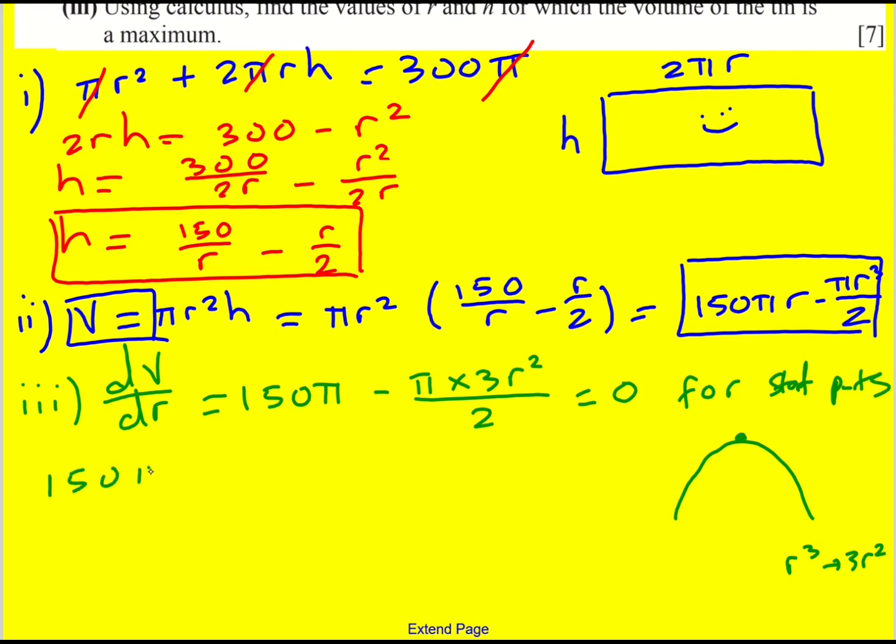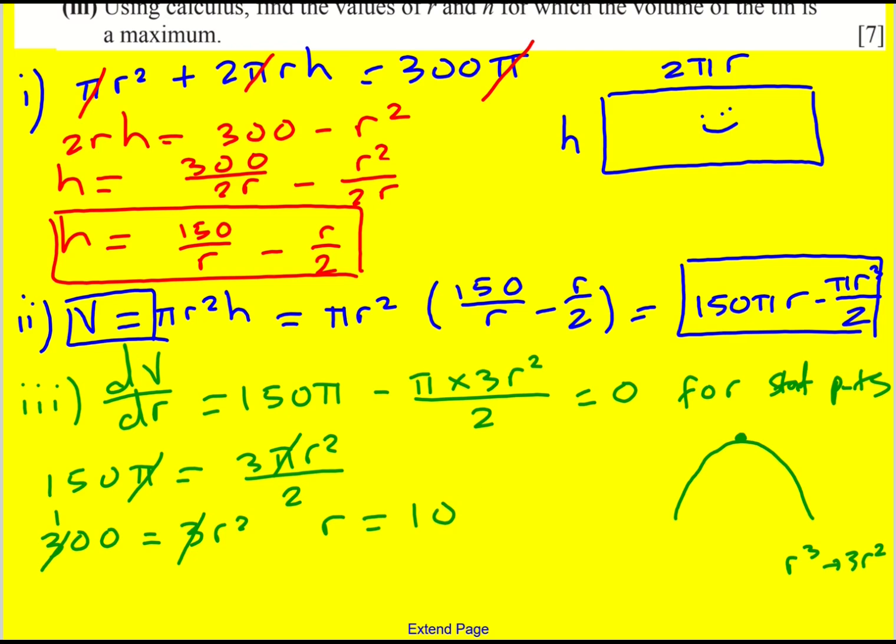So 150 pi will equal 3 pi r squared over 2. Cancel out the pi's. 300 is going to equal 3r squared. Divide through by 3, that makes it 100. So r is going to be 10.